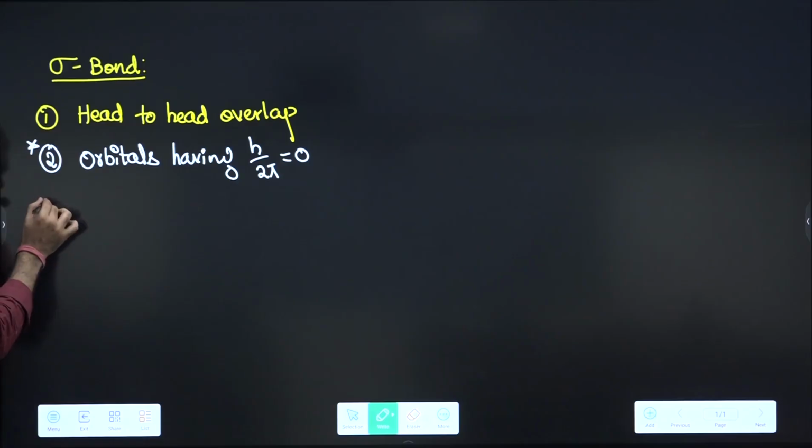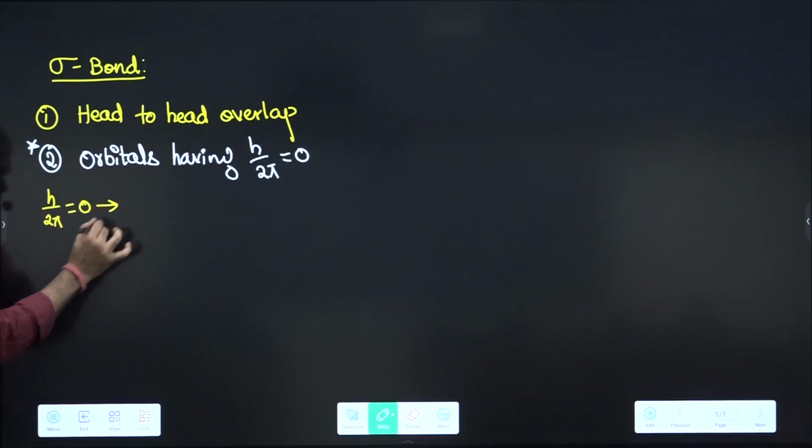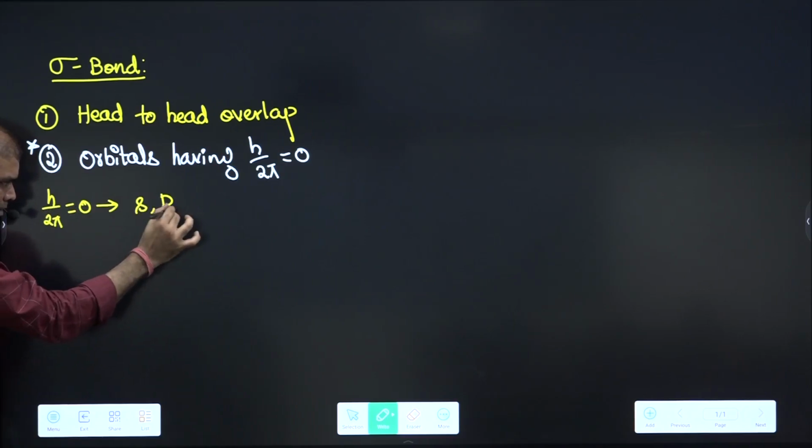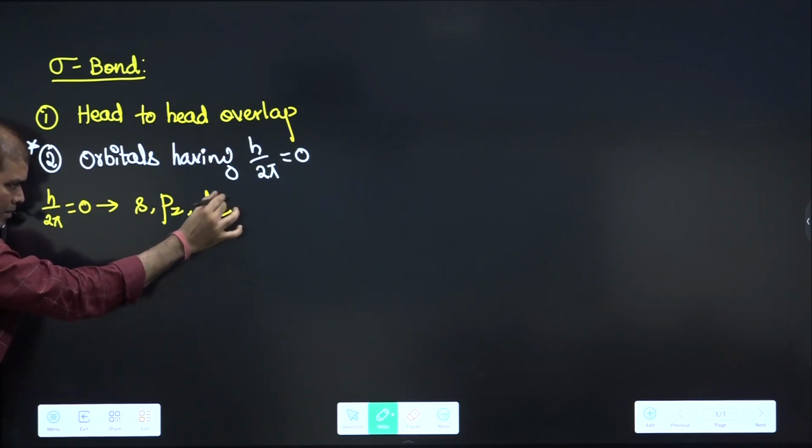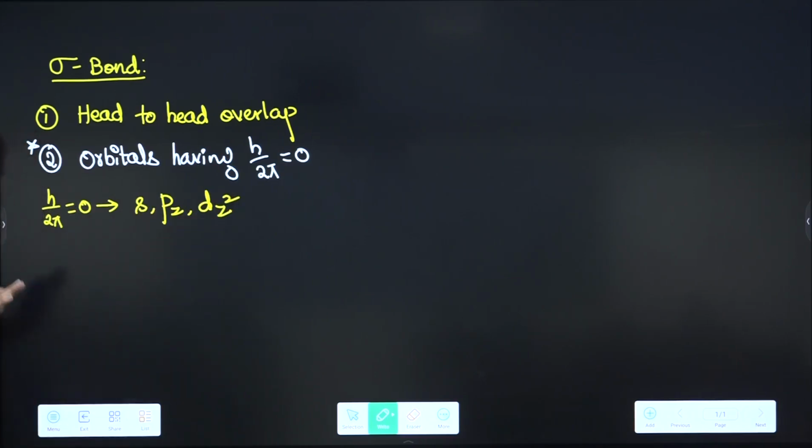So what are the various combinations? Let me write the combinations. First of all, h by 2 pi 0 value orbitals: S, Pz and dz square. Only these orbitals can give you sigma. So now let me write the combinations.